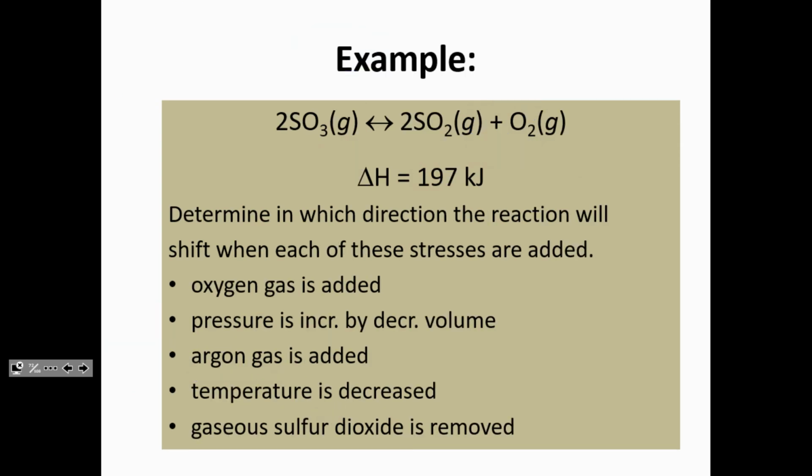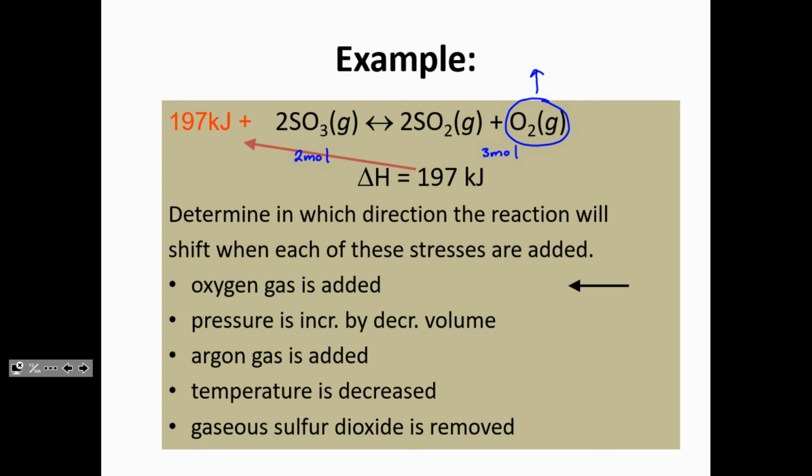Another example, we have 2 moles of gas on the left side and 3 moles of gas on the right side. Delta H is a positive value, so it will be a reactant in this endothermic reaction. So if oxygen gas is added, we're increasing the concentration, which will shift equilibrium to the left.